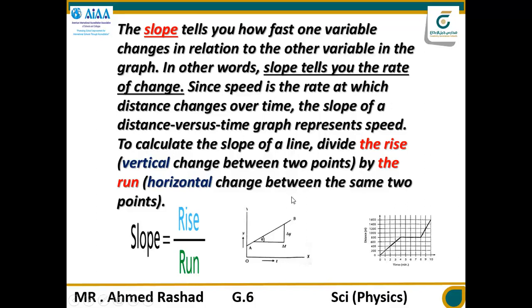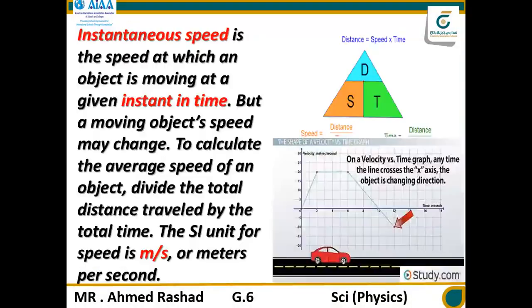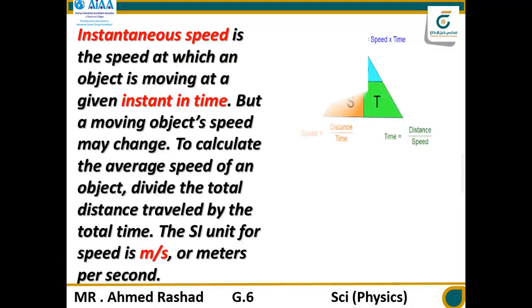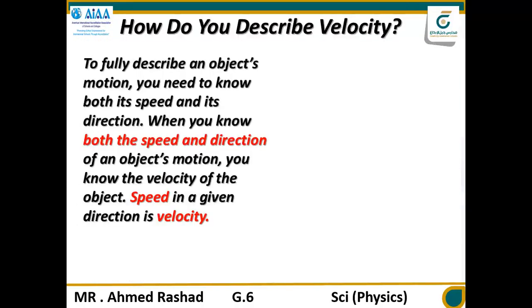So today we are going to talk about velocity and speed, what's the difference between them, and instantaneous speed and what the meaning of this speed is, and how we calculate it by collecting the different distance and different time and dividing these two numbers to get the speed.